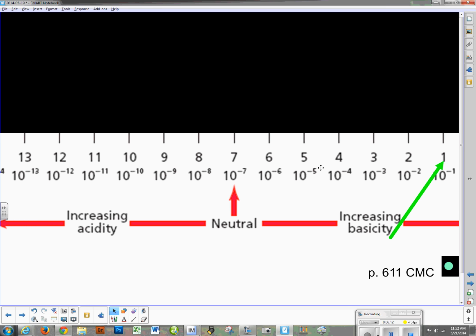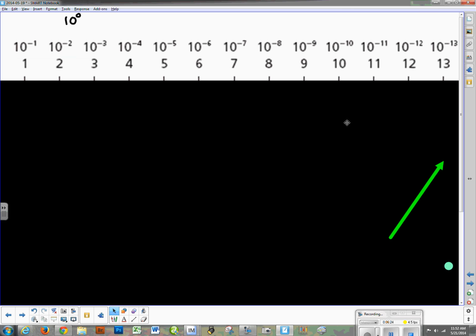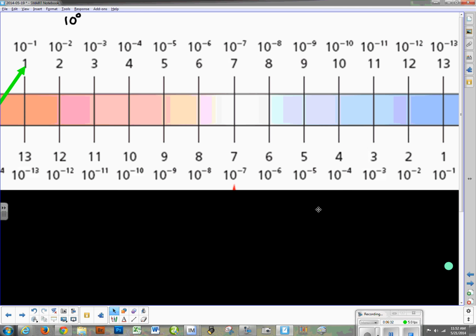You'll notice that the pOH is 1, where to get the pH, we're actually way on the other side here, and pH now goes all the way to 1 on the opposite end. Again, we're looking at acid on the left and base on the right.